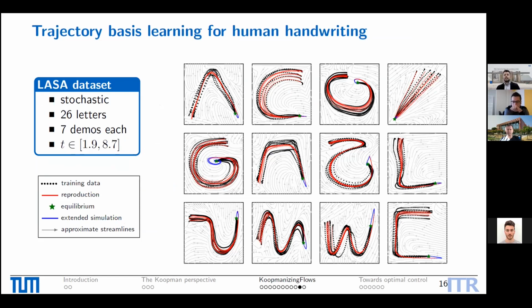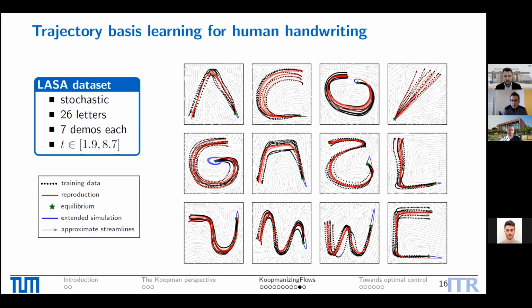It consists of 26 digits, 7 demonstrations each, and it varies in length from 1.9 to 8.7 seconds, which is a considerable predictive horizon, if I may say. It also breaks some of our assumptions because it's stochastic, but we still did it to look at the efficiency of our method.